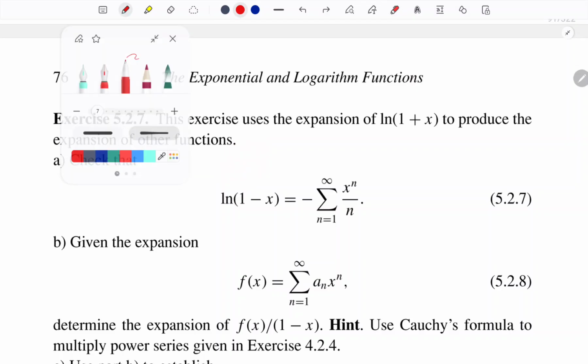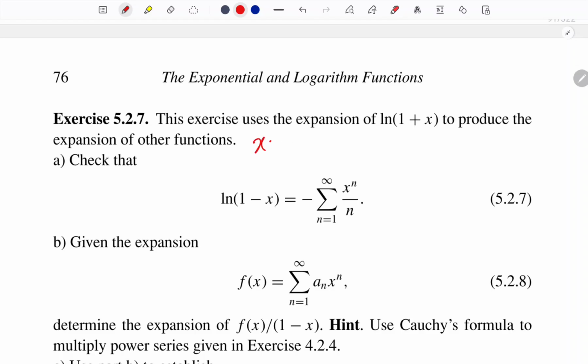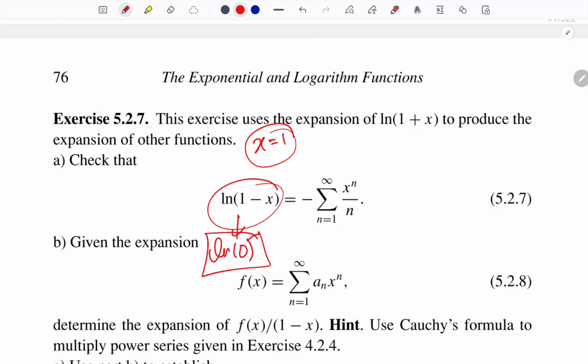So this thing would be ln of 0. From now on, if you have something of the ln of 0 type, you're going to use this. Just plug in x as 1 in this thing. So it is the negative of the series from n equals 1 to infinity of 1 over n, and this is negative of zeta of 1. I hope you remember that.